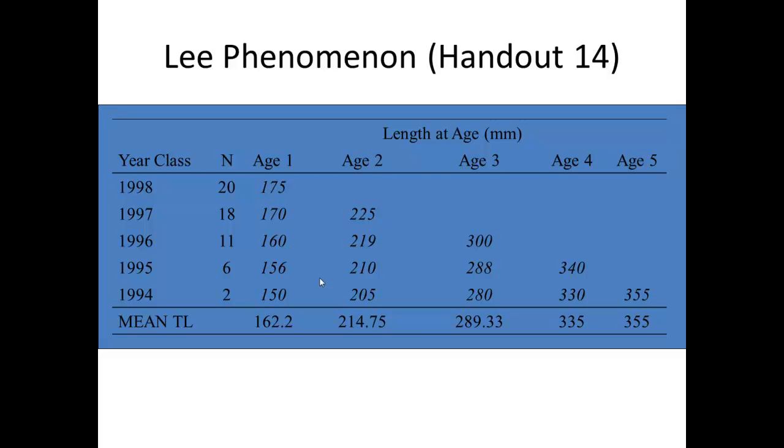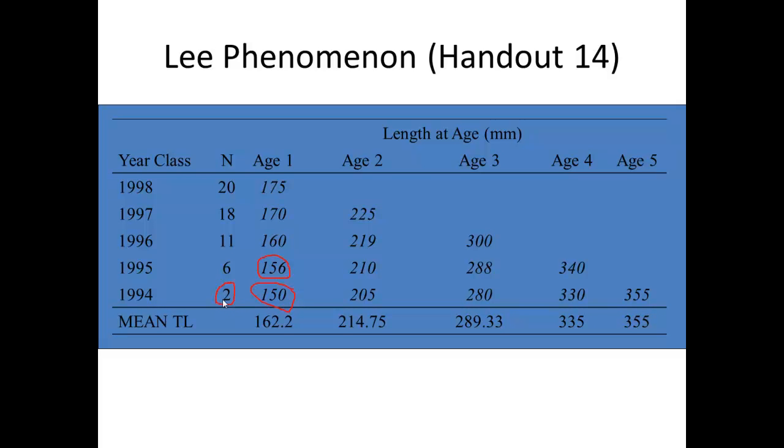And so now, if you look at the table of the back calculated results, you can see that as the year classes get older, the average length at any age seems to be a little bit smaller. And so this 1994 year class, there's only 2 of them that are still left around.